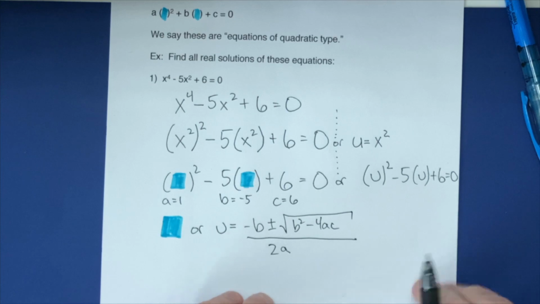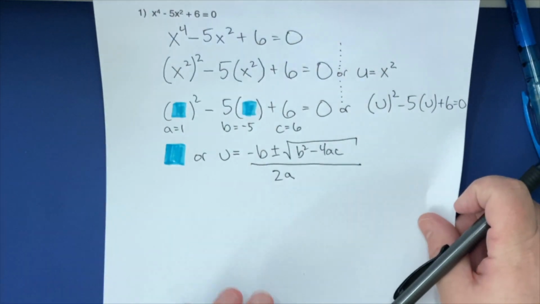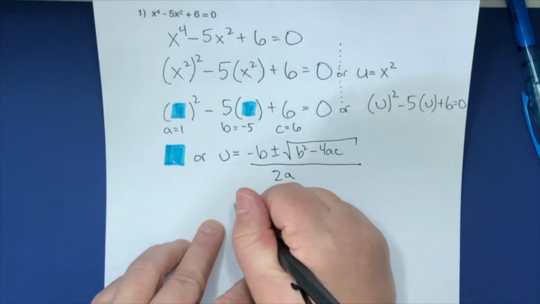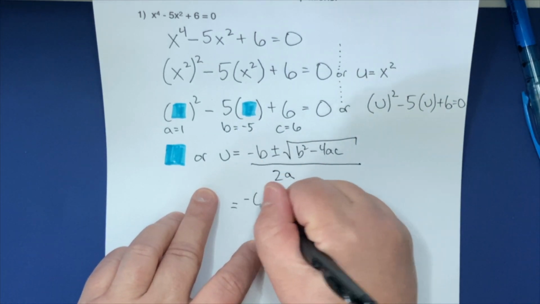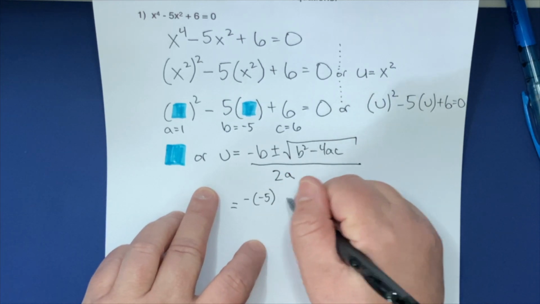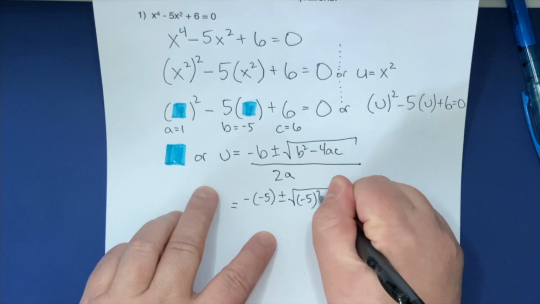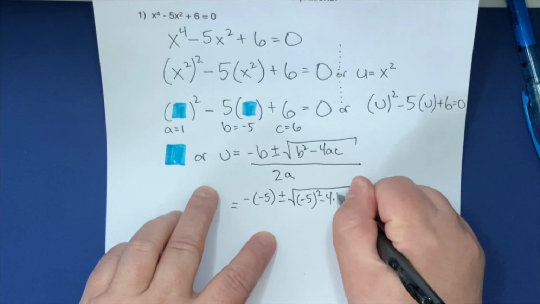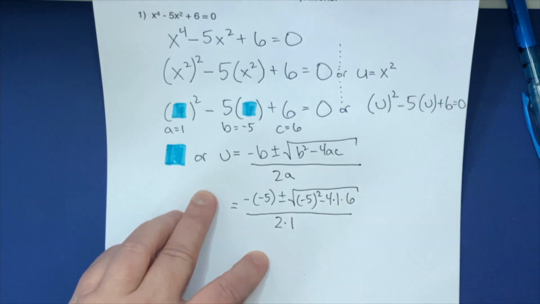And if you haven't memorized that yet, be working on it for sure. So we're going to get the opposite of b, so the opposite of -5 plus or minus radical -5, the quantity squared, minus 4 times 1 times 6, all over 2 times 1.